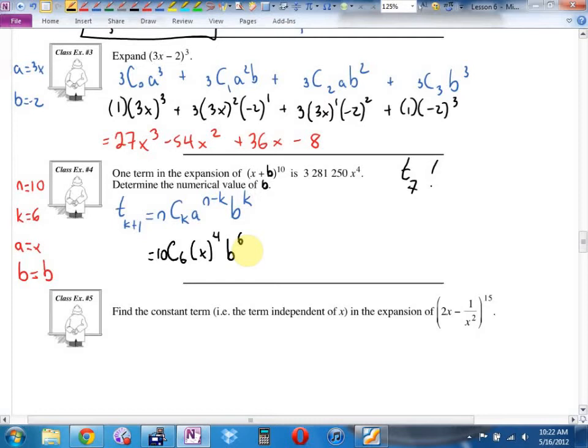And then don't write this next bit down. I was going to say that's term 7, but wait. I can be even more specific because I know what term 7 is. What is term 7? So instead of writing term 7 over here, I'm going to write 3,281,250 x to the 4th.